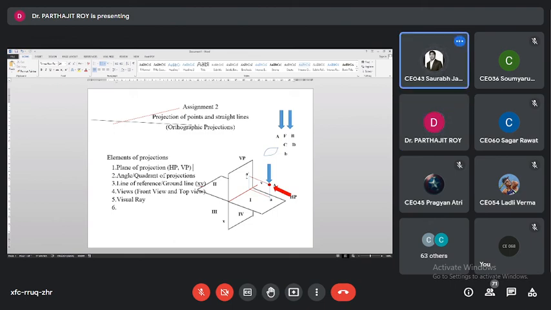In case of front view, my visual ray will be horizontal. In case of top view, my visual ray will be which one? Vertical, isn't it? Okay. Is that clear?